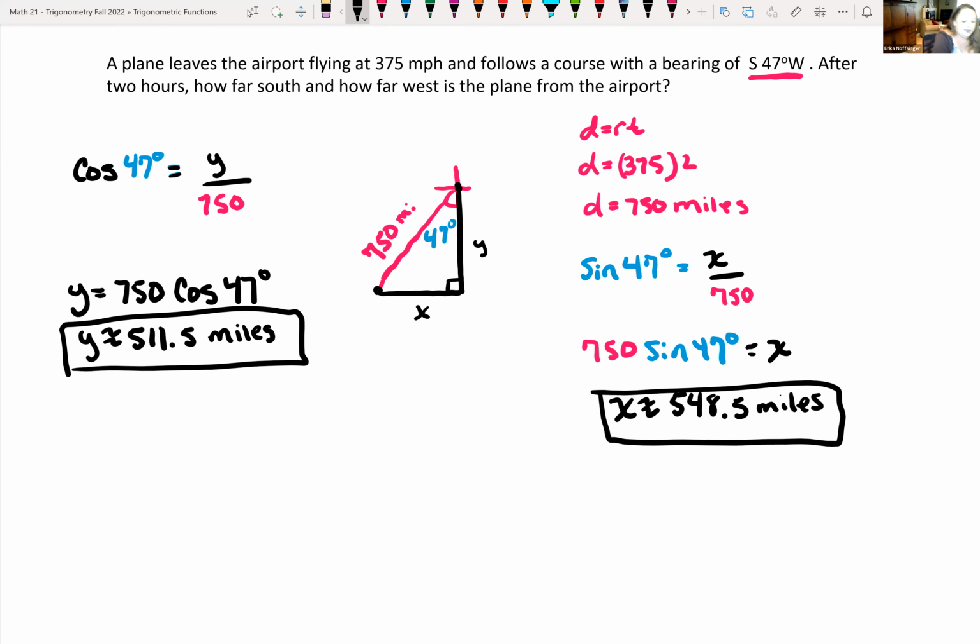So where that plane is after 2 hours going 375 miles per hour, they are 511.5 miles south of the airport and 548.5 miles west of the airport.